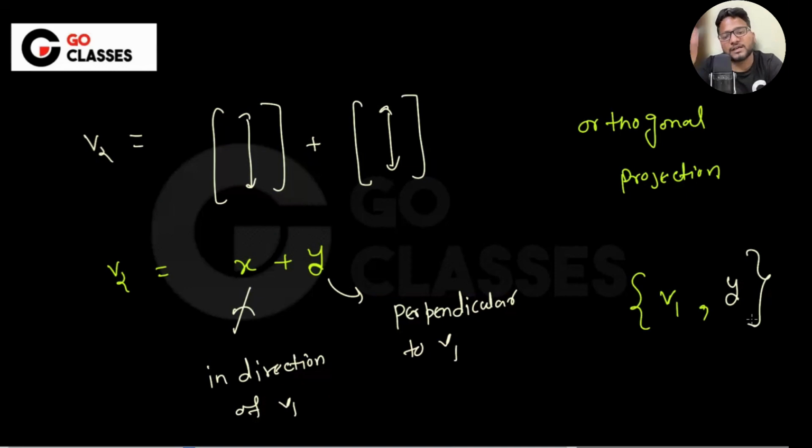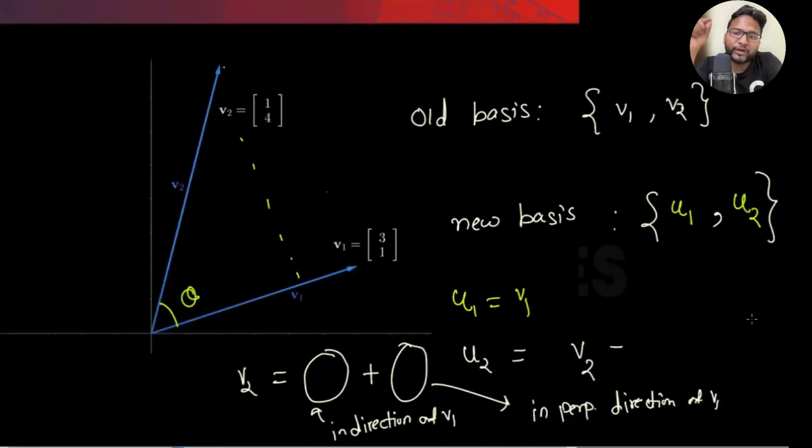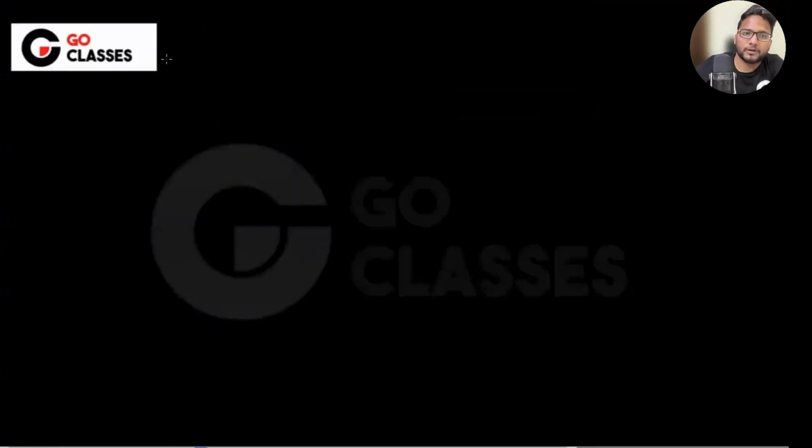So the objective is that we are starting with some basis v1, v2, and we want to get a new basis in which all the basis vectors are orthonormal to each other. Orthonormal means they are perpendicular, as well as having a magnitude of 1. Do you know the orthonormal definition?